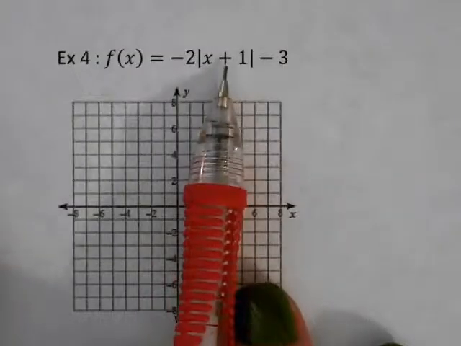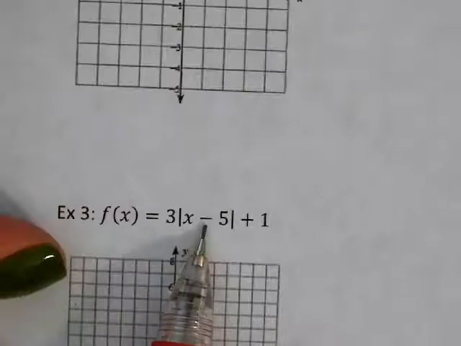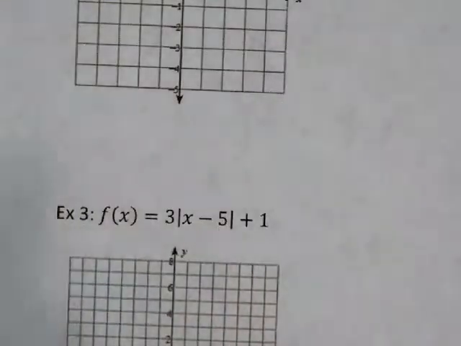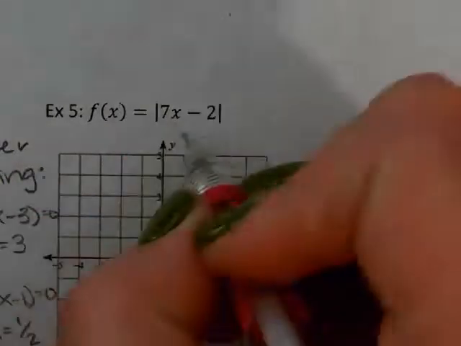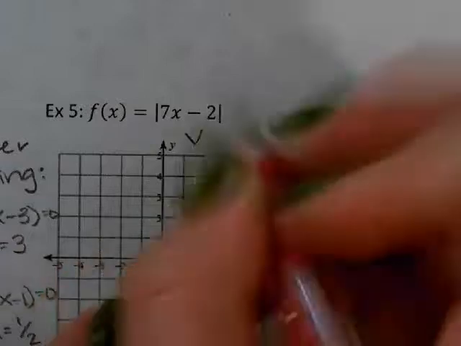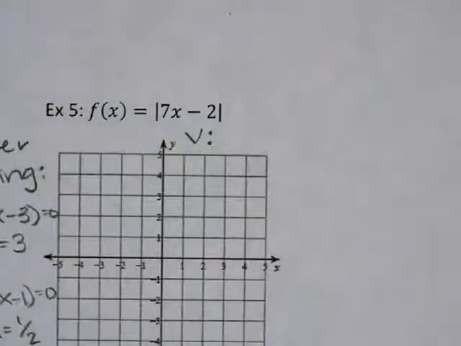That's similar. So if we look at a problem like example 5, the x-coordinate of the vertex is not going to be positive 2. It's actually going to be a fraction. It's going to be positive 2/7 because there's a 7 in front of the x.